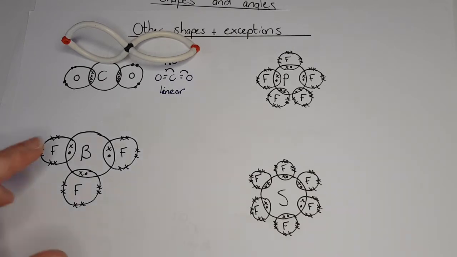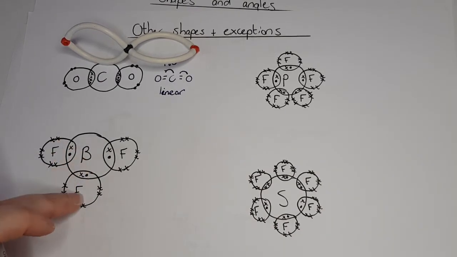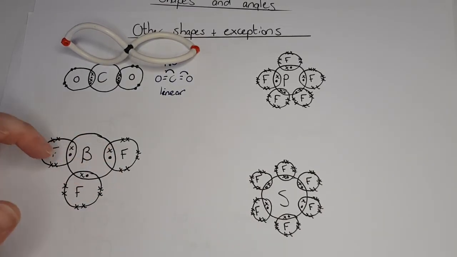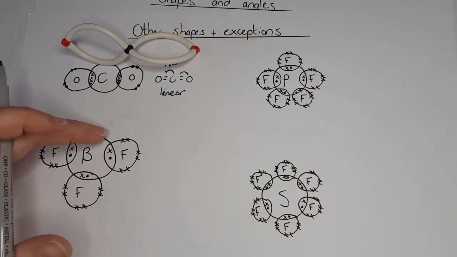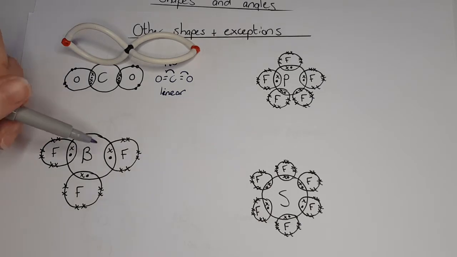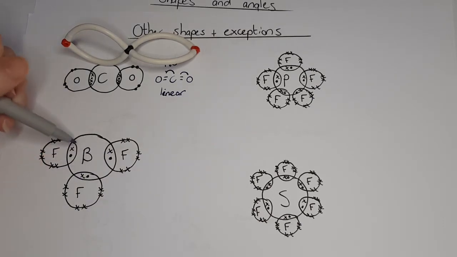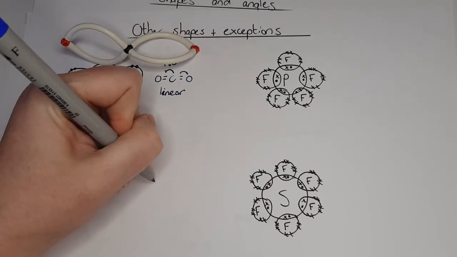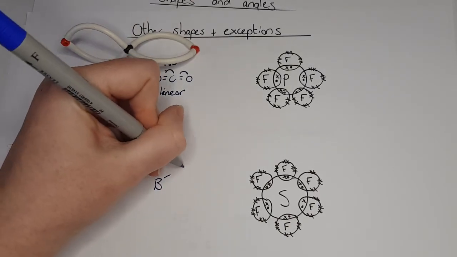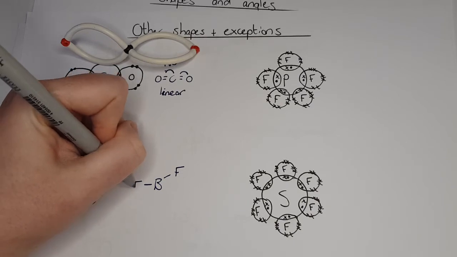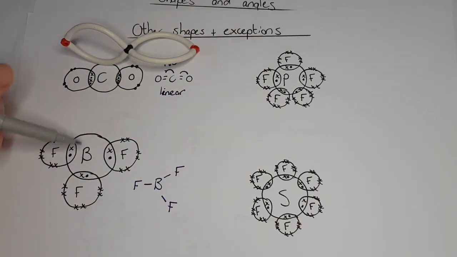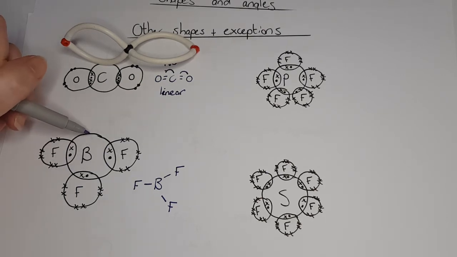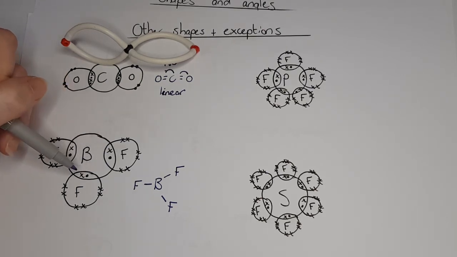If we look at our boron trifluoride, so now remember there's three pairs that are bonded, but it's missing one. But now the bond pairs all repel each other equally. So because they repel each other equally, the whole thing is going to be spread out equally because there's nothing that's repelling more than the other. Like with the ammonia where it had the lone pair and it pushed them further down.